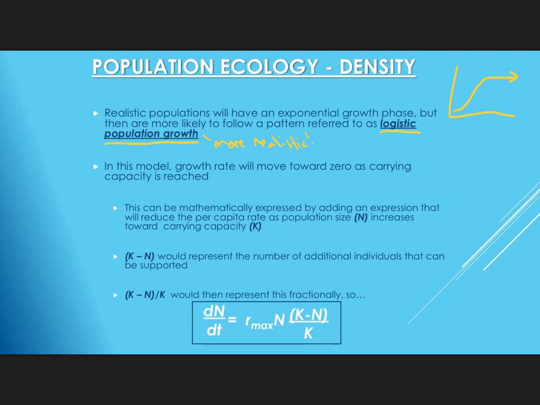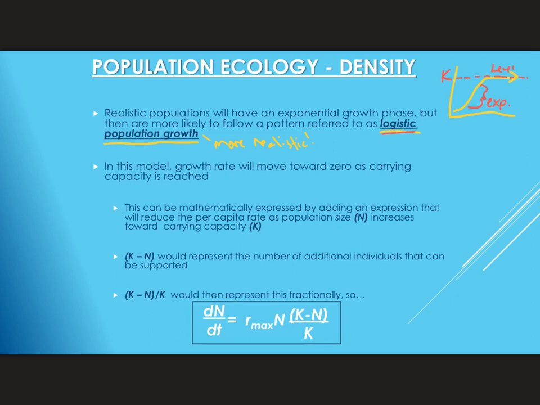This is where resources are actually limited, and we end up with a scenario where the population levels out at carrying capacity, right? K. So you'll have this exponential period of time, right? But then eventually things will start to level out, and so we call it logistic growth.